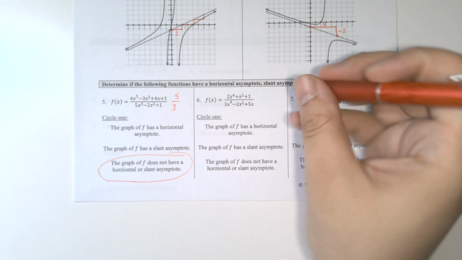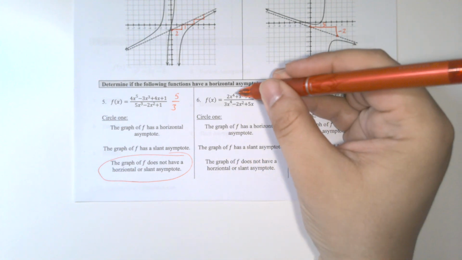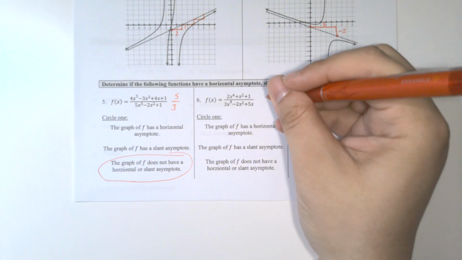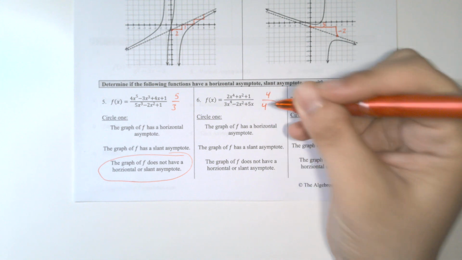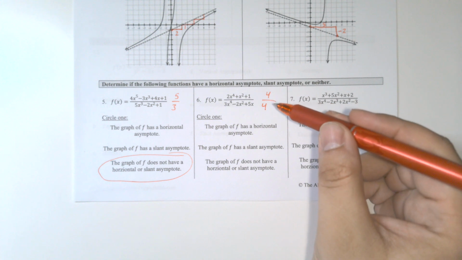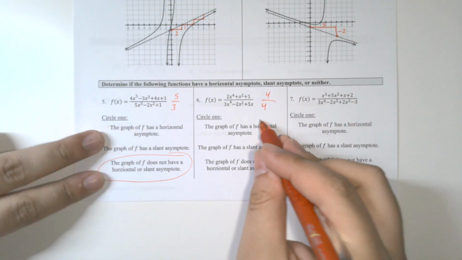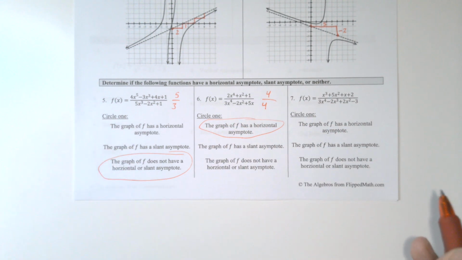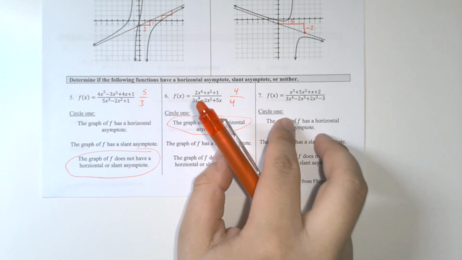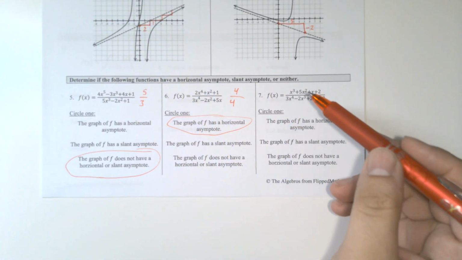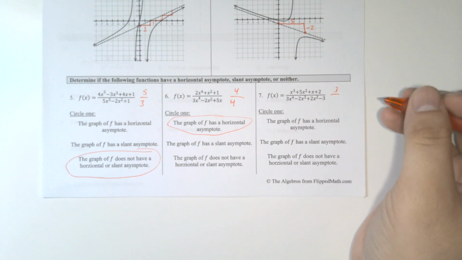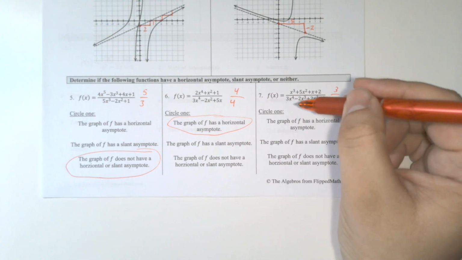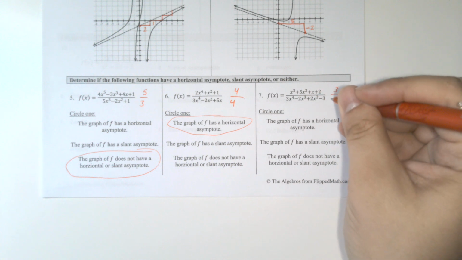Now, if we look at the degrees over here, the degree of the top one is 4, the degree of the bottom one is also 4. And since the degrees are equal to one another, this is going to have a horizontal asymptote. And then we have a degree of 3 over here and a degree of 4 on the bottom.